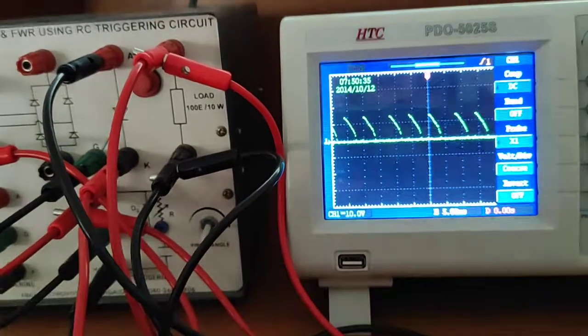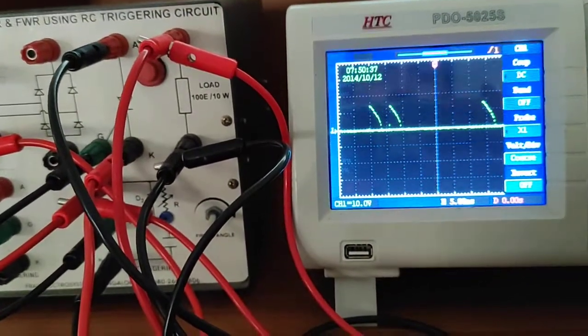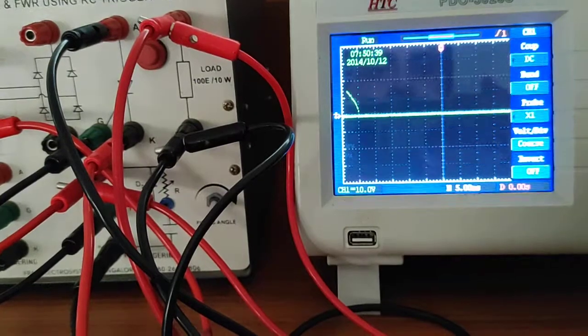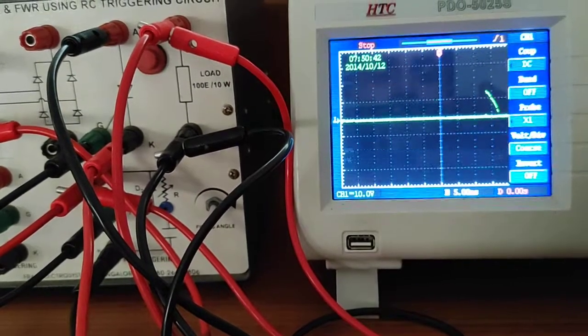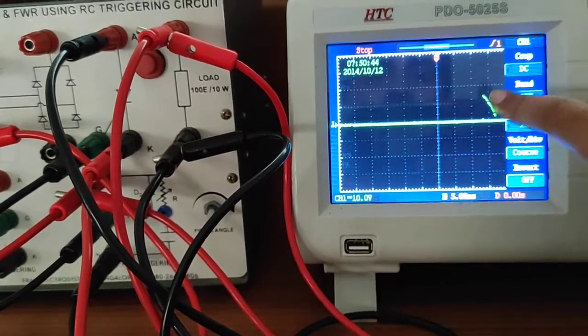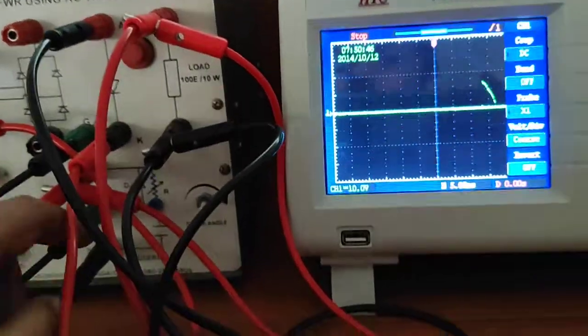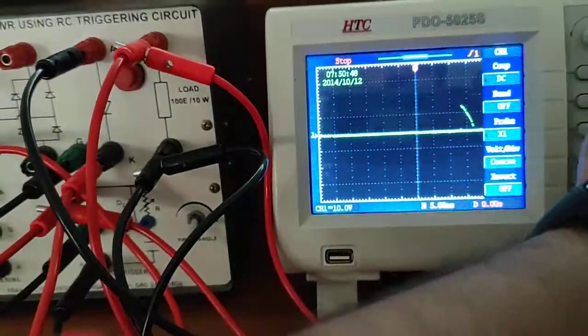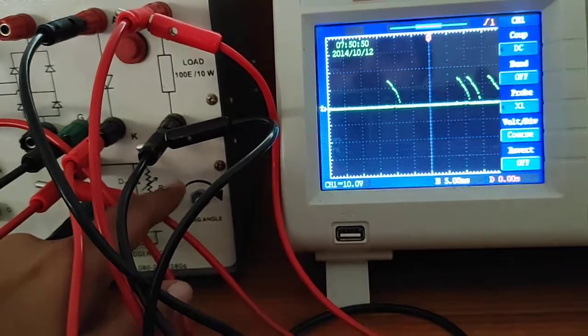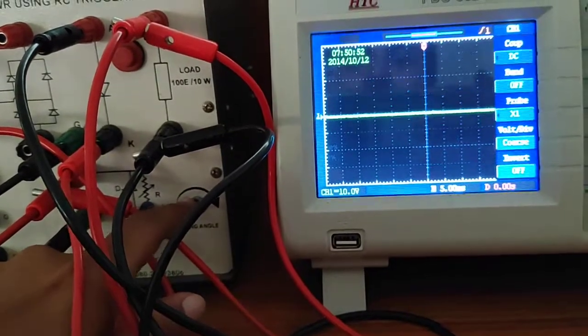After 120 it is coming to 0. See, this is 120 degrees. You can see this pulse. So very slowly we need to regulate this knob, otherwise it will come to 0.